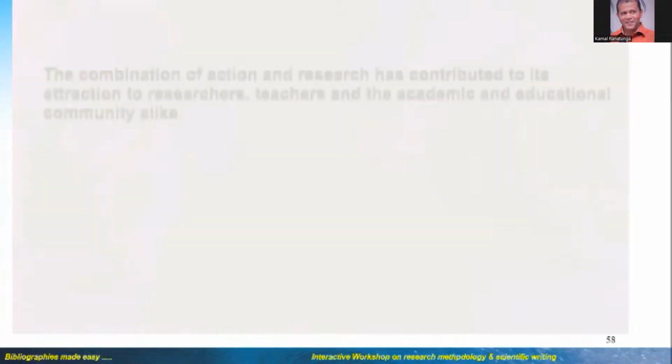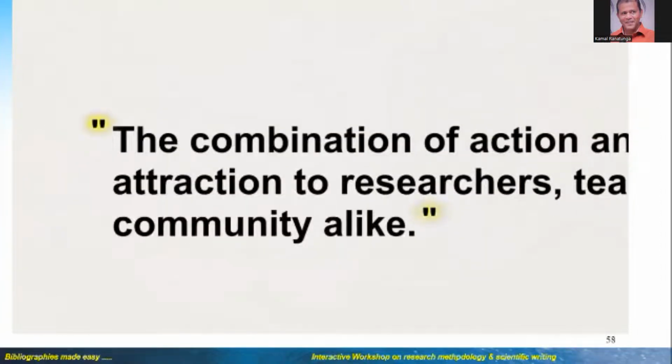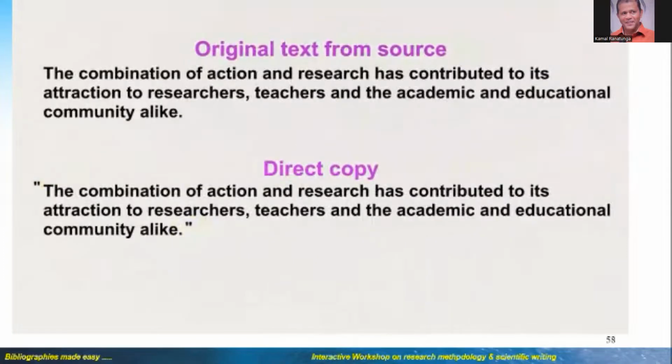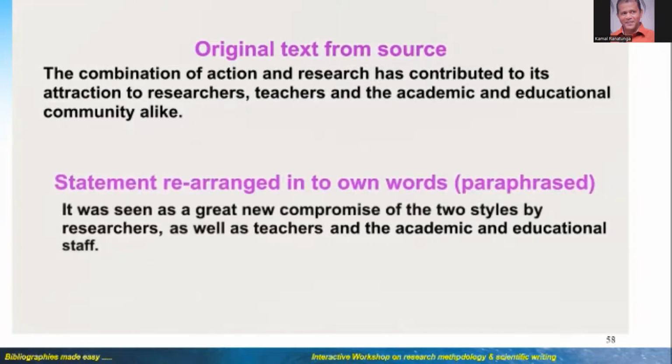The way that you use citation in your work depends on whether you're using a direct word-for-word quote from another piece of work, or if you're putting someone else's ideas into your own words. If you're copying a statement word for word, you need to put quotation marks around it. If you're writing someone else's ideas in your own words, then you don't need to use quotation marks.